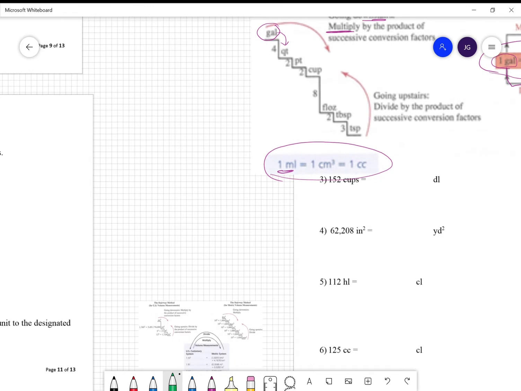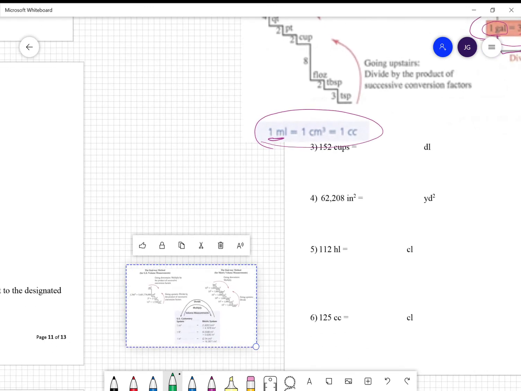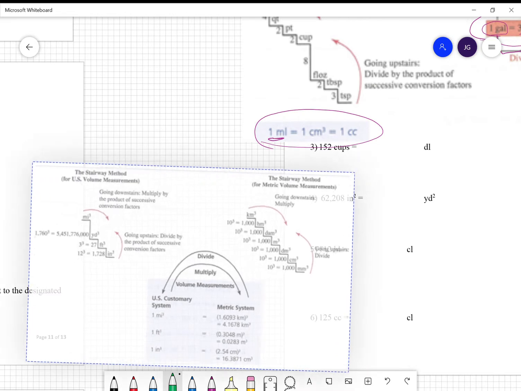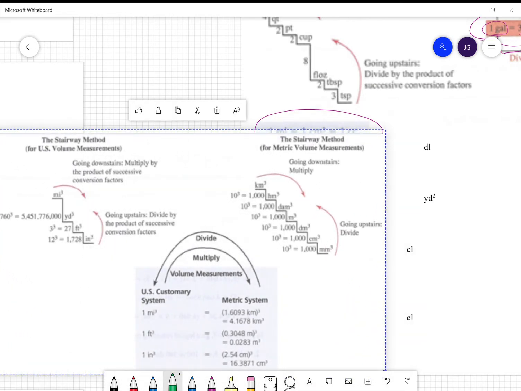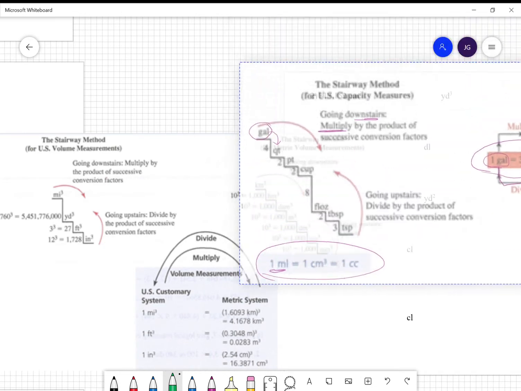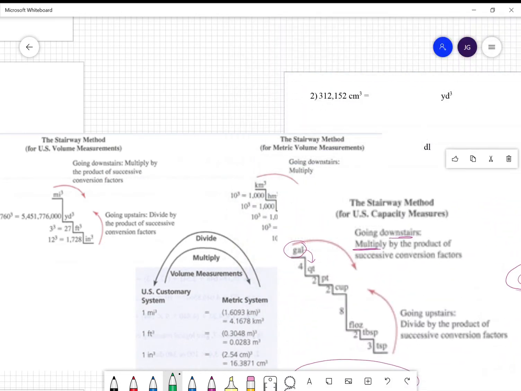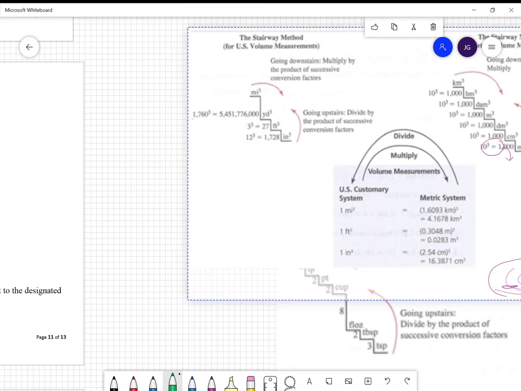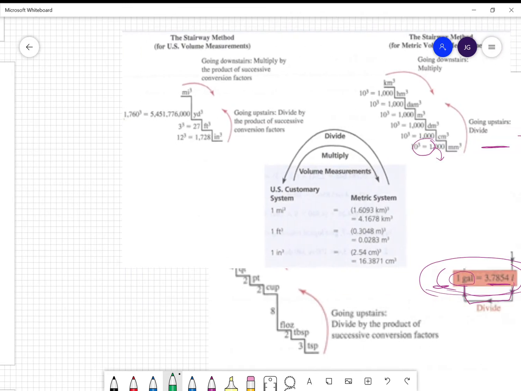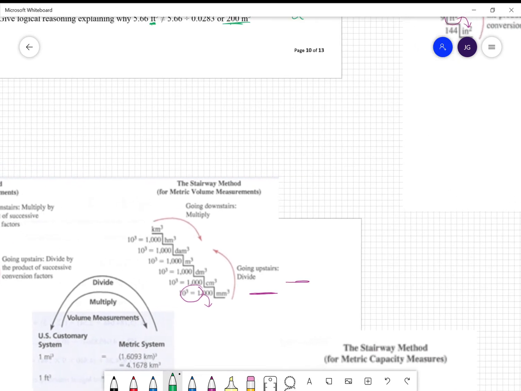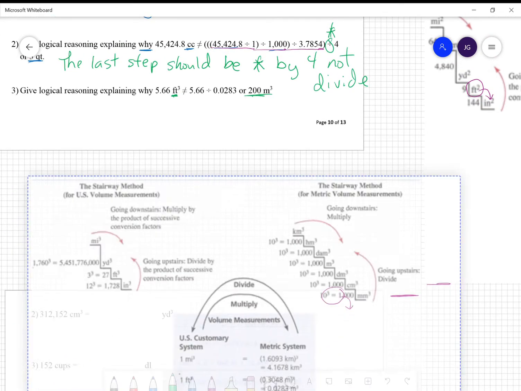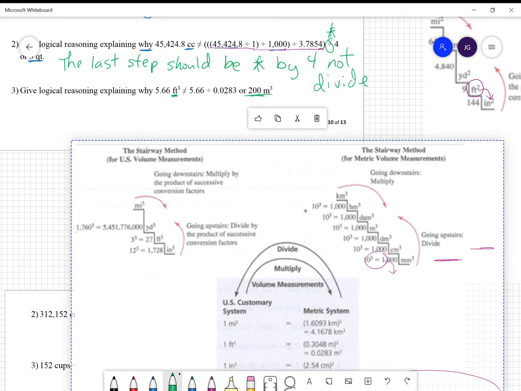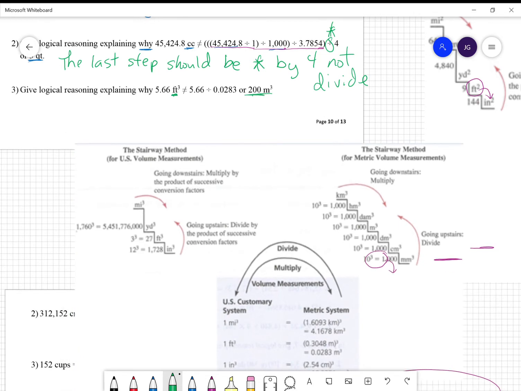I've got it here somewhere. Yep. Here it is. Okay, so let's take this one and see if we can move it and bring this one over. Okay, so 5.66 cubic feet to cubic meters. Okay, well, cubic feet is in my chart and it converts to cubic meters.